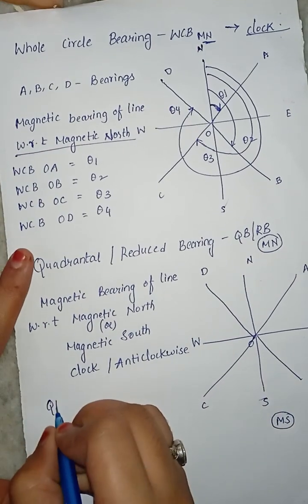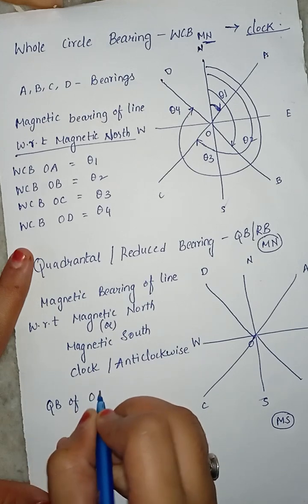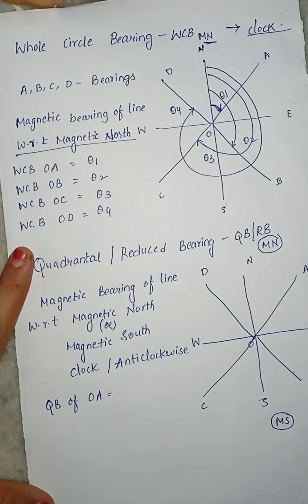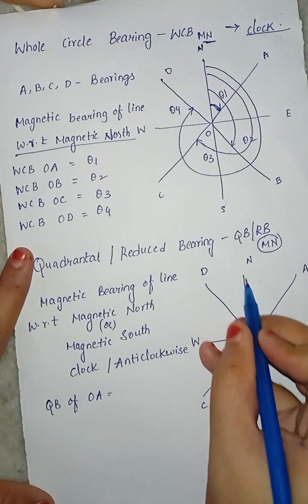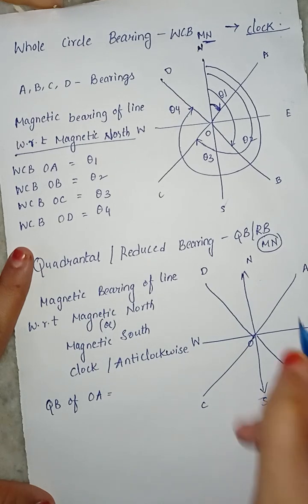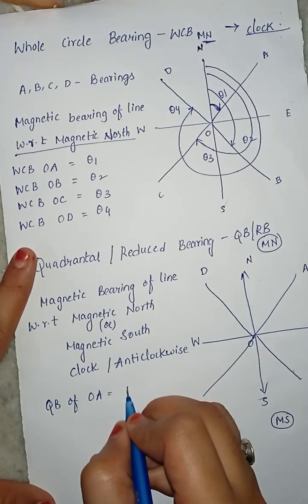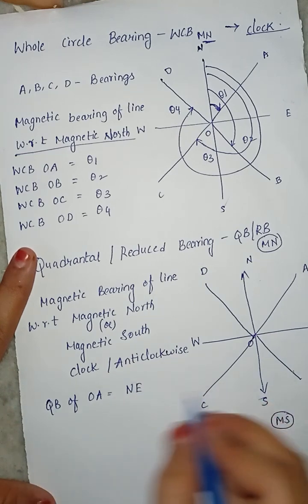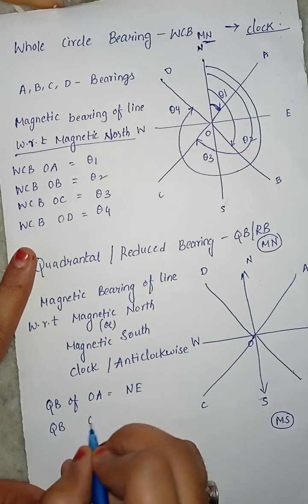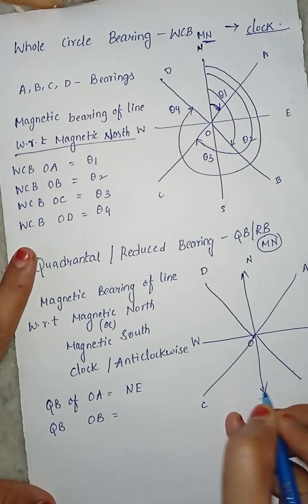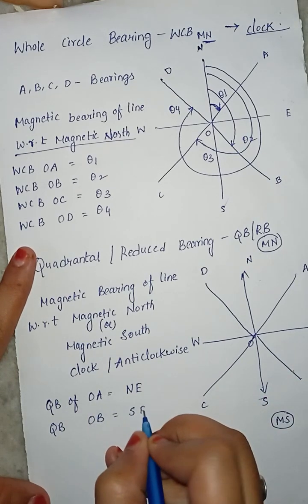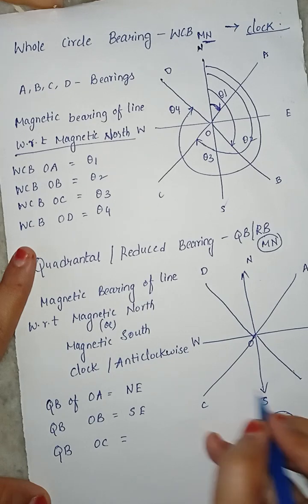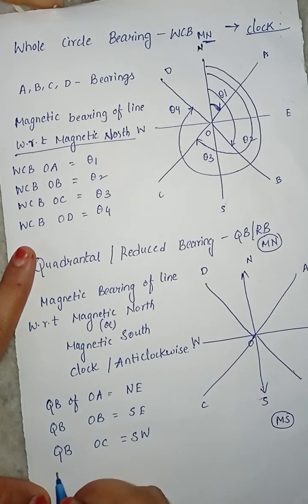So for finding the quadrantal bearing of line OA, for line OA the quadrantal bearing is, which is nearer, north or south? Which is nearer to north? East. So north, east. This is the angle. Next, quadrantal bearing of line OB. South, east. Quadrantal bearing of line OC. South, west.